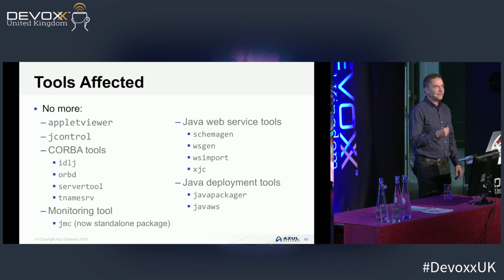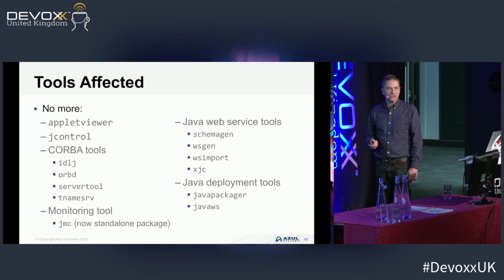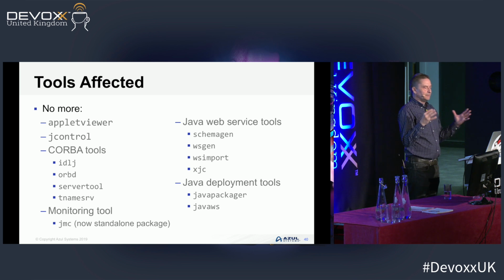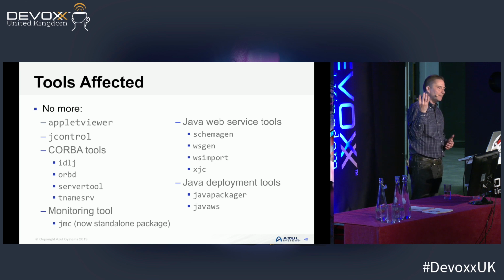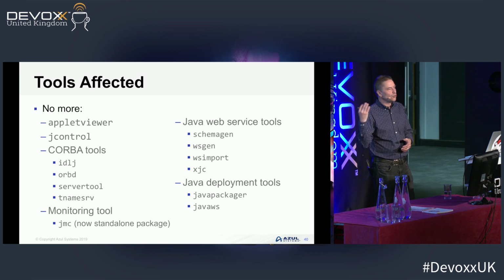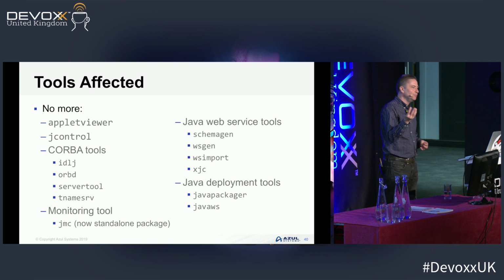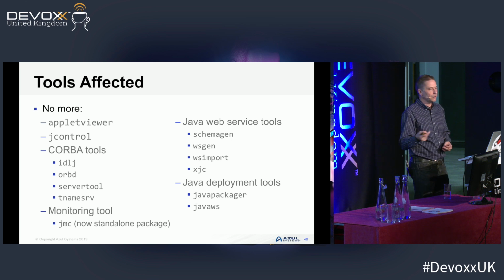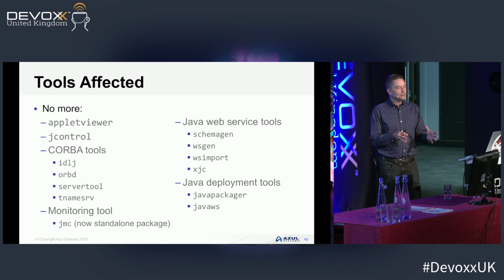Lots of tools have been affected in terms of the JDK itself, so all these things have been removed. It does make the JDK a little bit lighter weight, a little bit cleaner. So appletviewer is gone, JConsole, all the CORBA tools like idlj, orbd, servertool, tnameserv are gone. Java Mission Control is now available as a separate download.